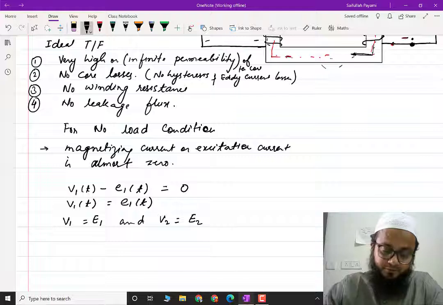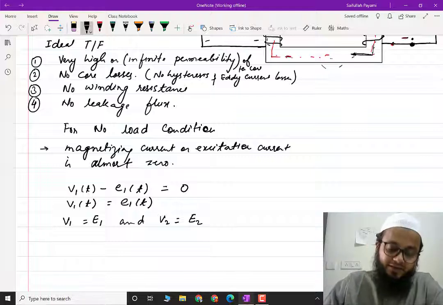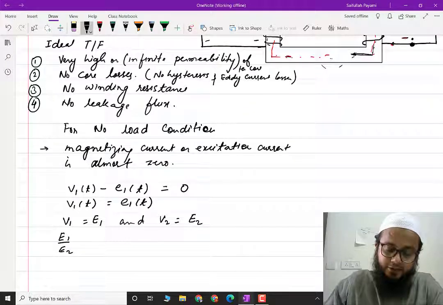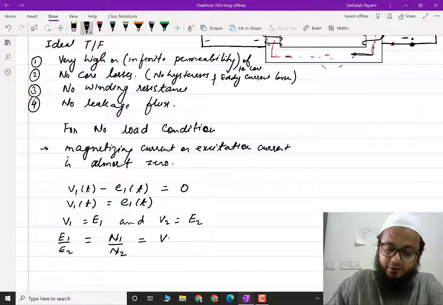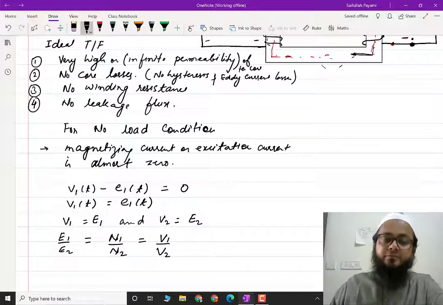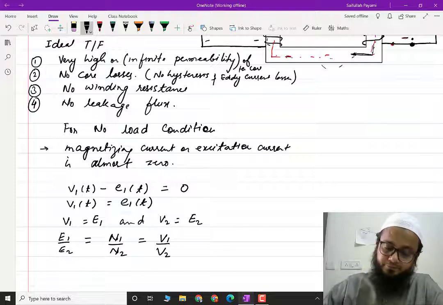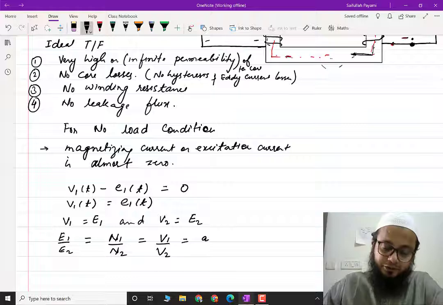In the previous expression, we have seen that E1 by E2 is equal to N1 by N2, which is equal to V1 by V2. And this we say is the transformer ratio a.